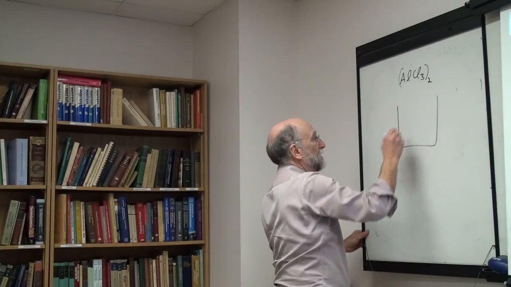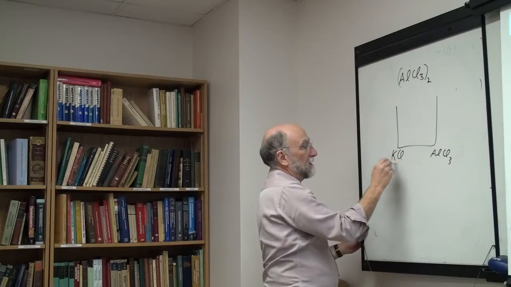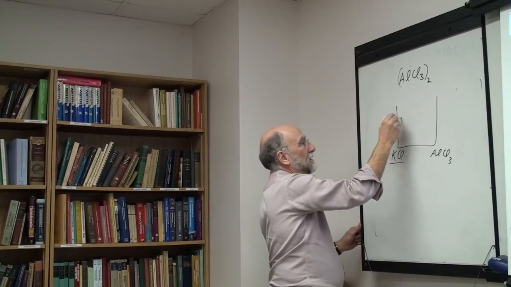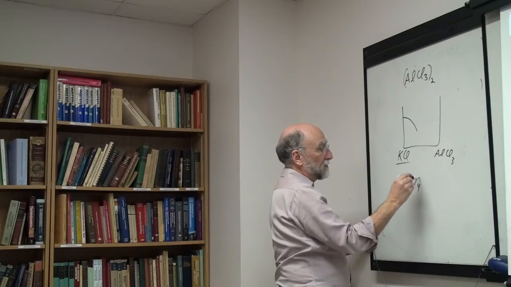Very volatile, same with the fluoride, and it's not ionic. But if you put aluminum chloride into potassium chloride, then what you tend to get is AlCl4 minus complexes.